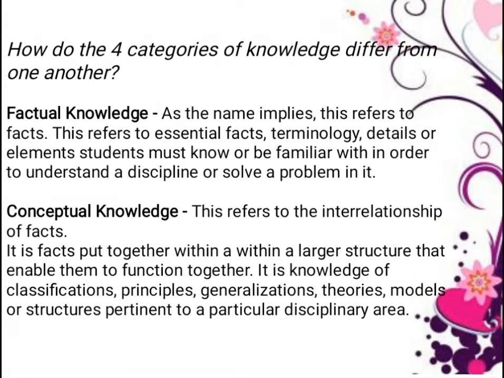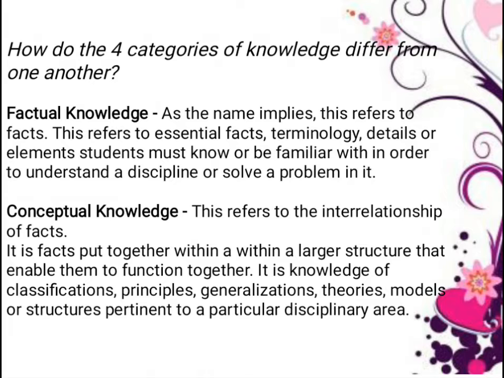How do the four categories of knowledge differ from one another? Factual knowledge, as the name implies, refers to facts. This refers to essential facts, terminology, details or elements students must know or be familiar with in order to understand a discipline or solve a problem in it.